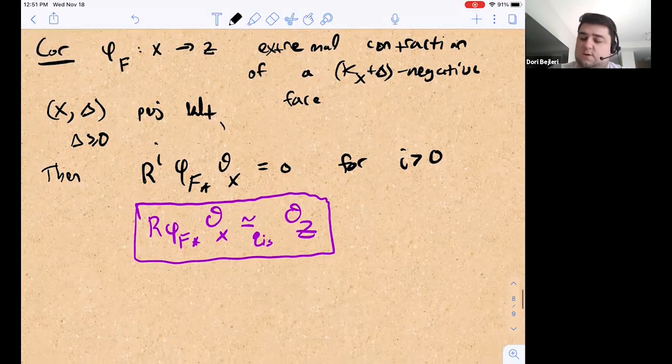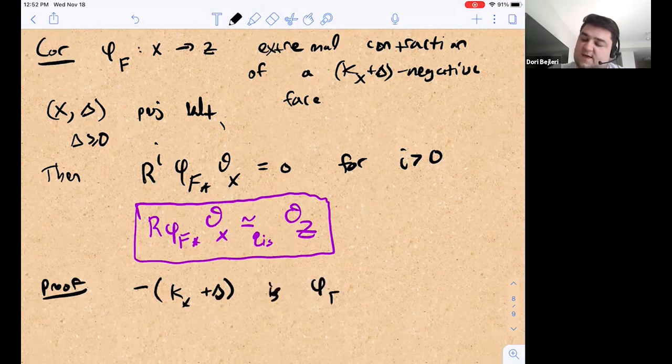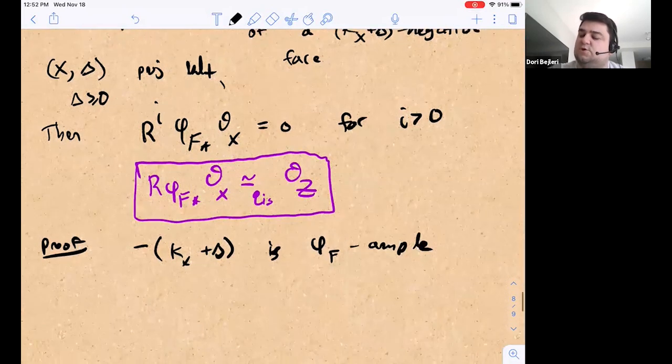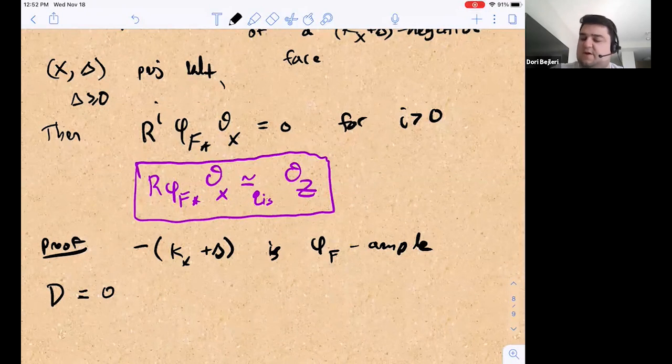Okay, and then the proof is actually just relative Kawamata-Viehweg vanishing, because we know that minus (K_X plus Delta) is Phi-ample. So we let D be the zero divisor in Kawamata-Viehweg vanishing. So 0 minus (K_X plus Delta) is Phi-ample.